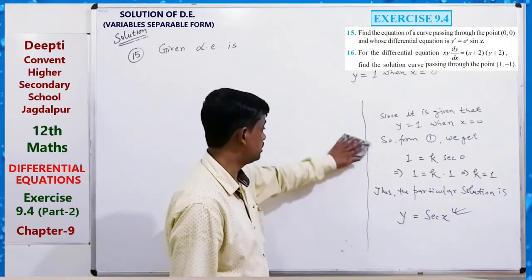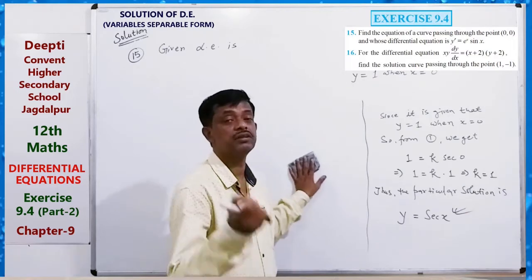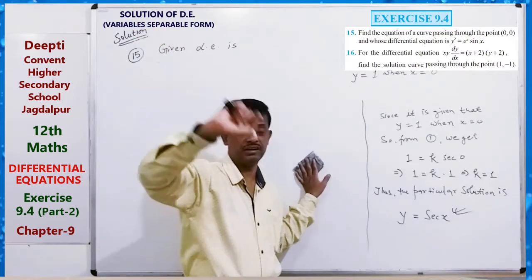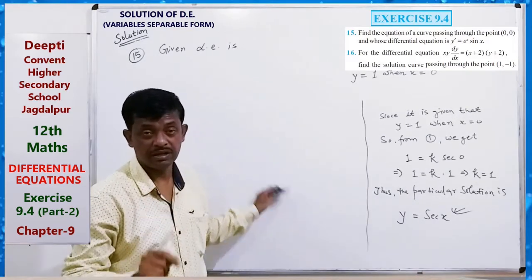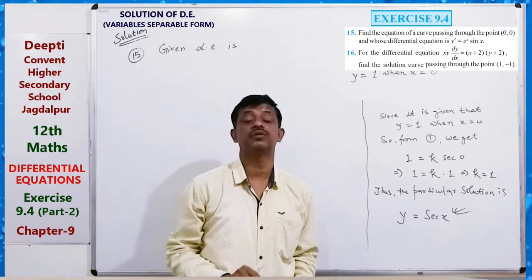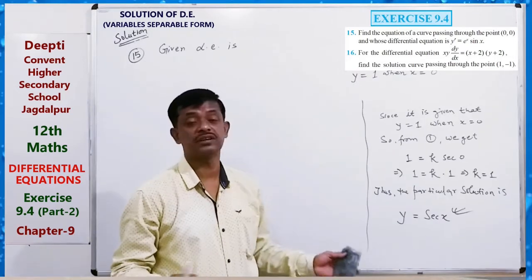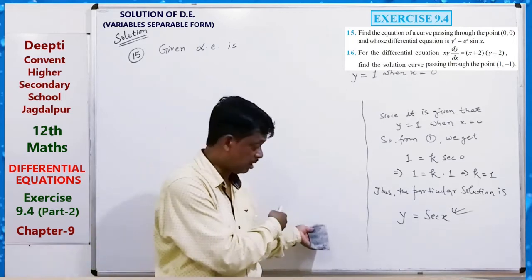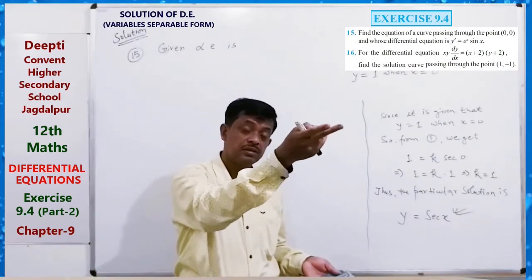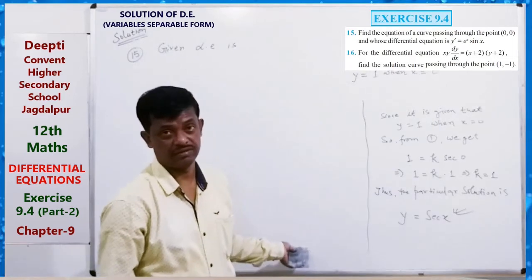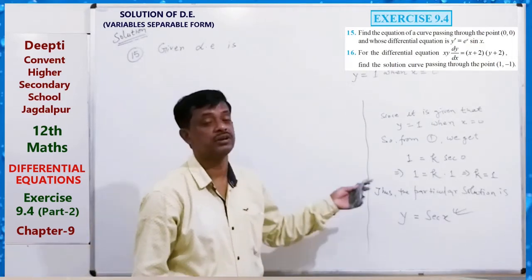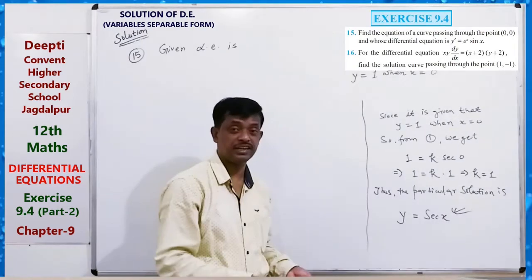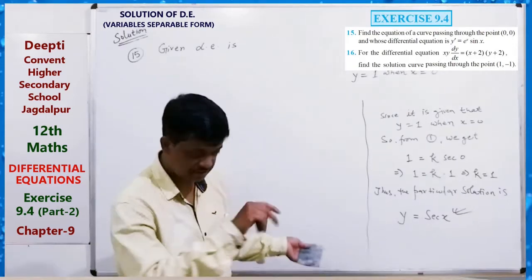So a particular solution means we get a particular curve passing through a point. Curve means relation between x and y, and passing through (0, 0) means (0, 0) satisfies the equation of the curve, that is x equals 0, y equals 0, and by satisfying that point we can get the value of the arbitrary constants. So that is the condition.